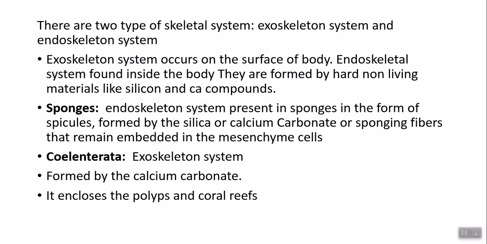Now in Coelenterata, the exoskeletal system is formed by calcium carbonate, and as such these animals do not have a skeletal system within the body. However, it has been found that most of the coral reefs are made by the polyps.